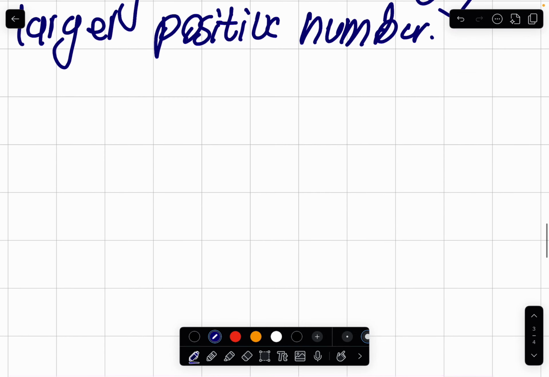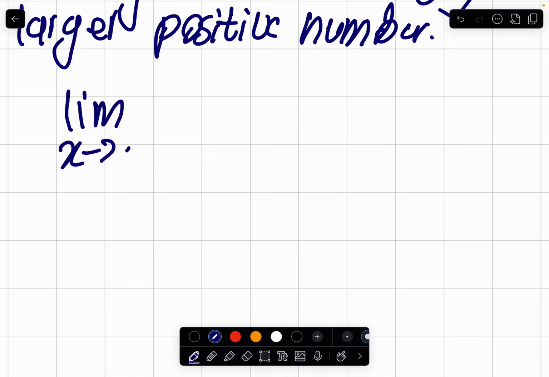Infinity. They will ask you, what does this thing mean in words?